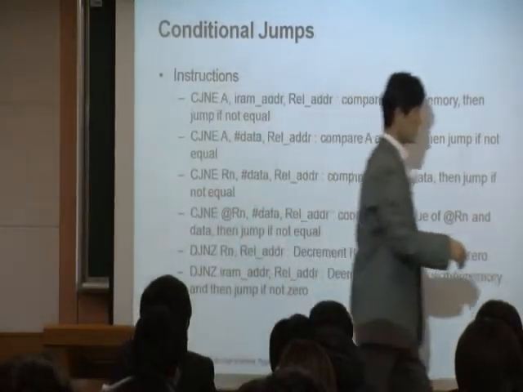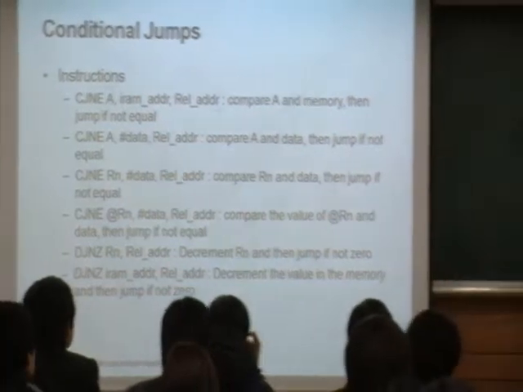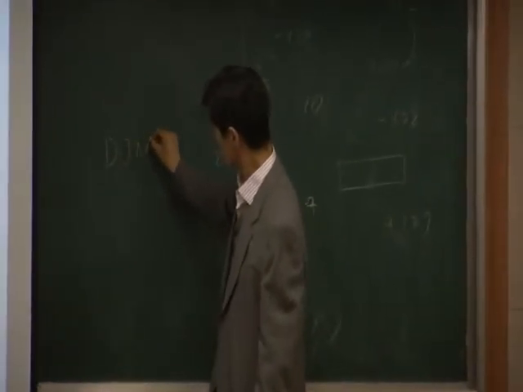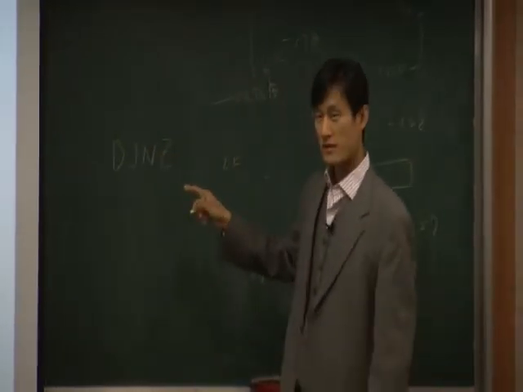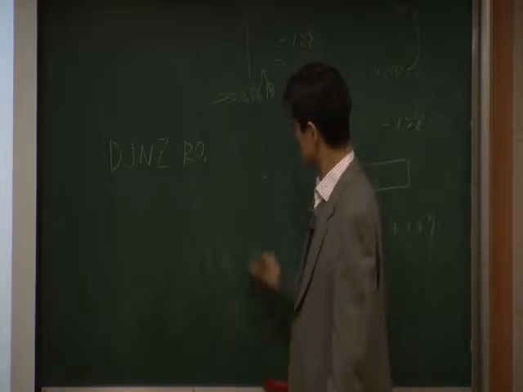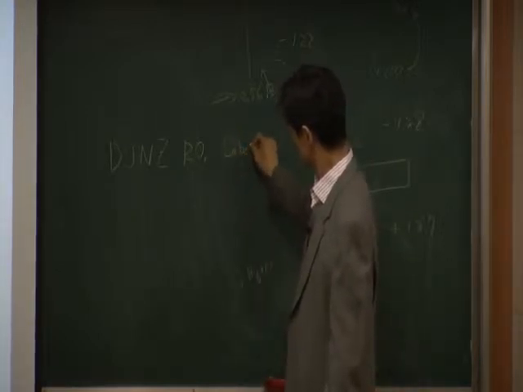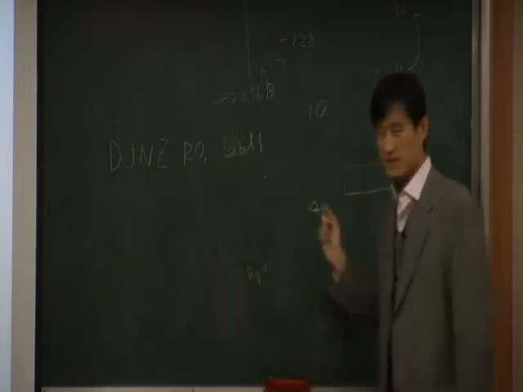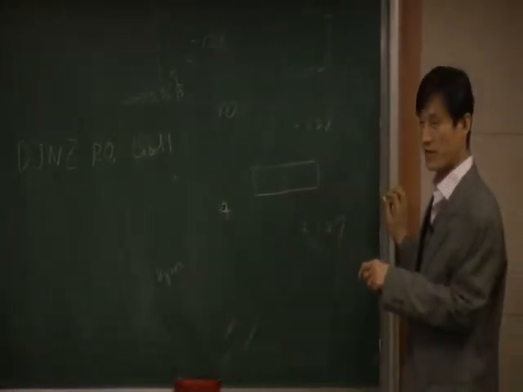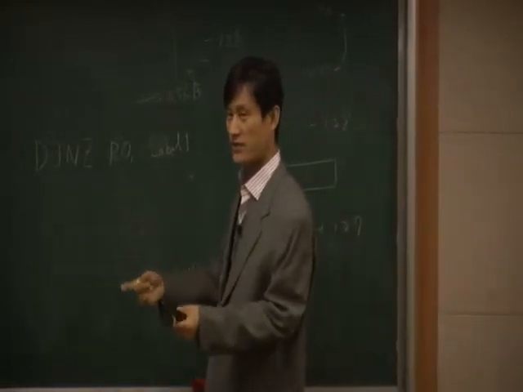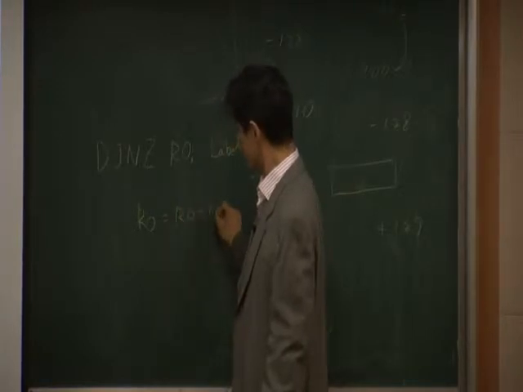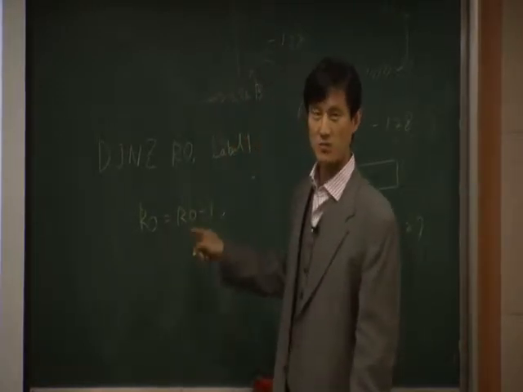So this is the one. Simply speaking, let's say you have this instruction, DJNZ R0 label 1. What this means is that in C language, for example, right? What you're doing is that you first do this one. This means the decrement.